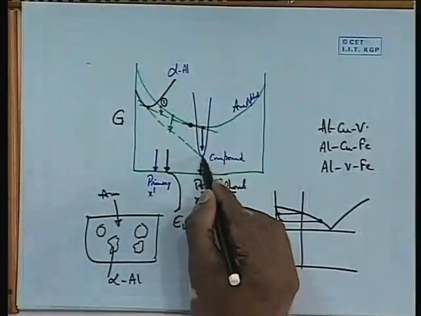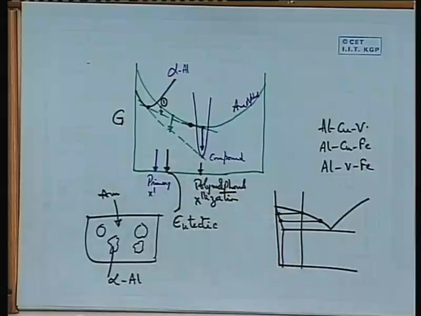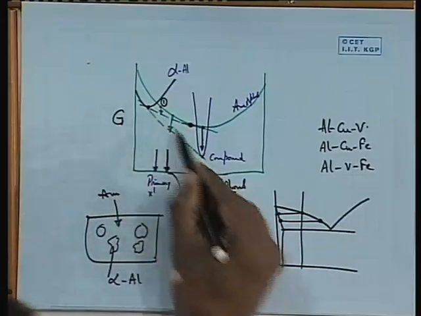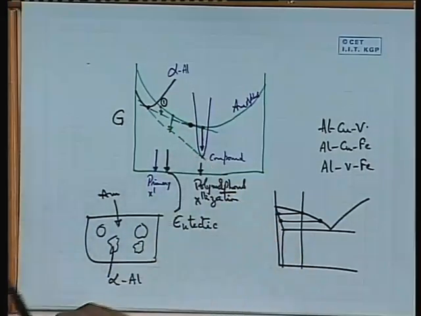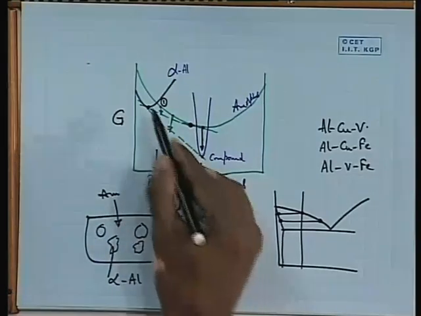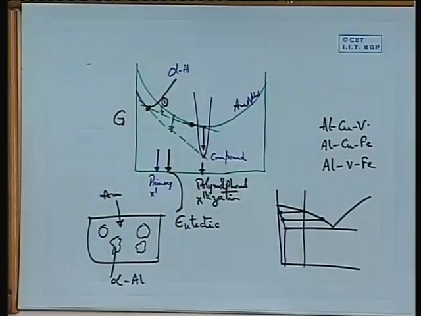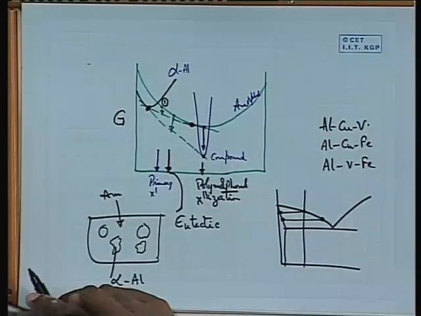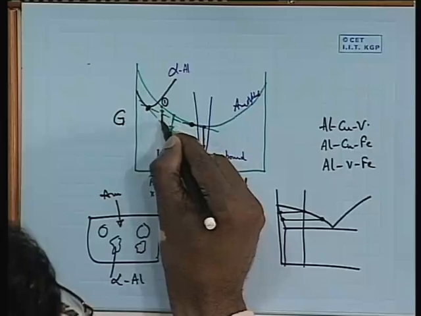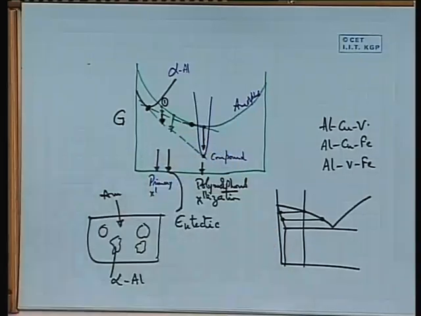And usually in most of these systems there are certain intermetallic compounds that do exist, and the lowest free energy situation is the combination of the alpha aluminum and the intermetallic compound. That is the lowest free energy. So as a result, you can see this phase further transforms.